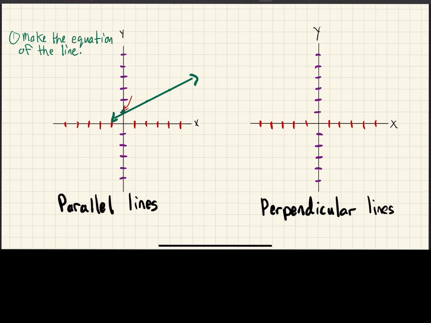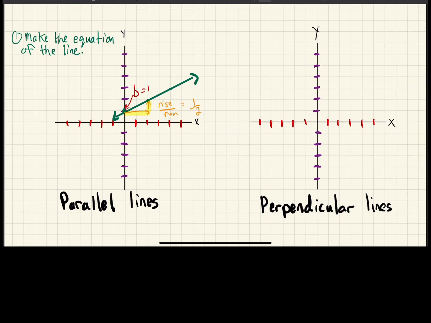The first thing we're going to do is make the equation of the line that we want to make a parallel line of. Here, we have our y-intercept, or the b value, which is equal to 1. Then we find the slope.